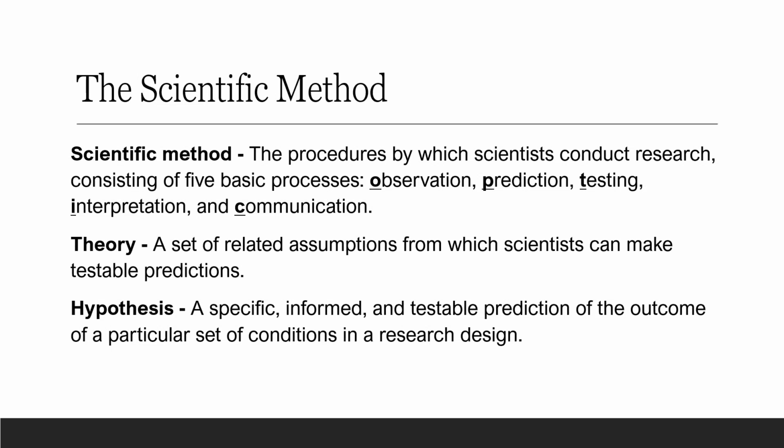There are different ways to test a certain idea, to put something into the test. But at the end of the day, we test something because we have a theory. A theory is defined as a set of related assumptions from which scientists can make testable predictions.